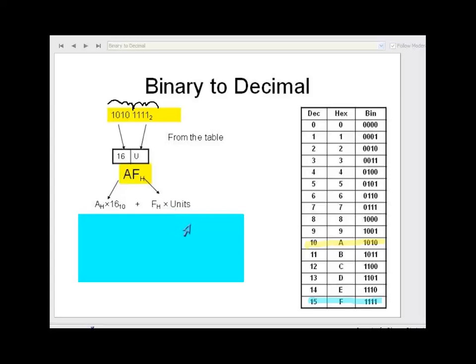Once again, going to the table and looking up A, I find that A is worth 10 in decimal, and F is worth 15 in decimal.